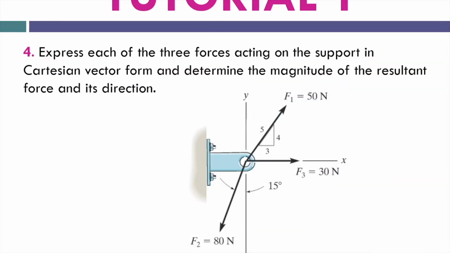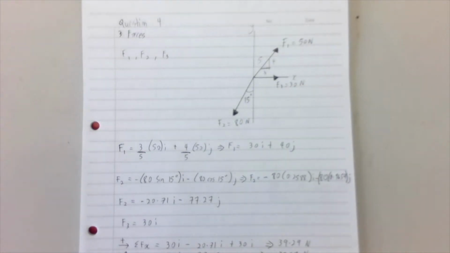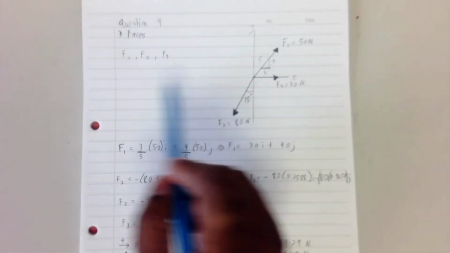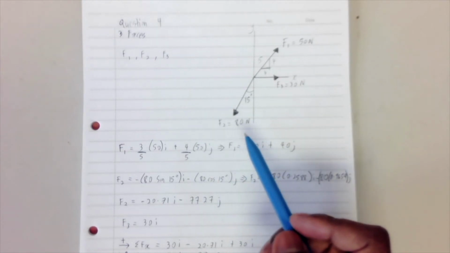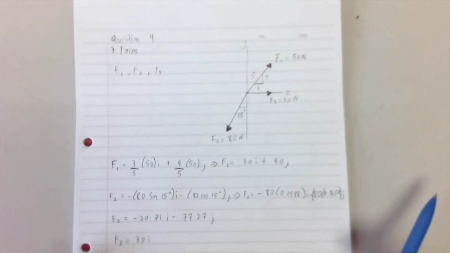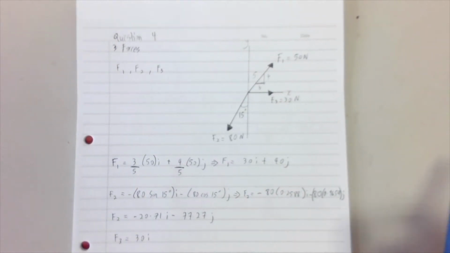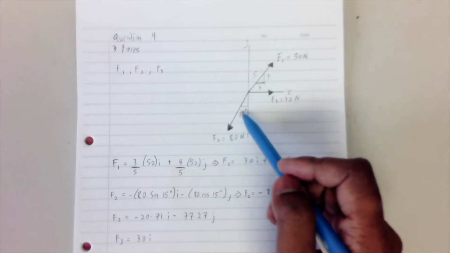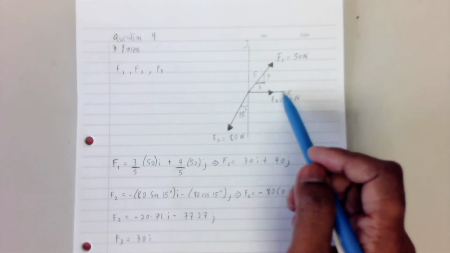So here the fourth question. So here force 1, force 2, force 3. Okay, so now we go for the solution for question 4. In the question, 3 forces F1, F2 and F3 are given. So again we will use Cartesian vector format for this question, which involves i and j terms. For F1 they give the Pythagoras theorem, F2 they give a 15 degrees angle, and F3 is along the x-axis.